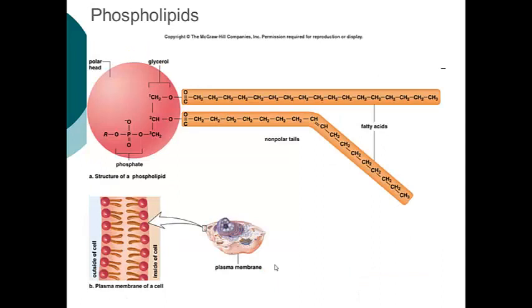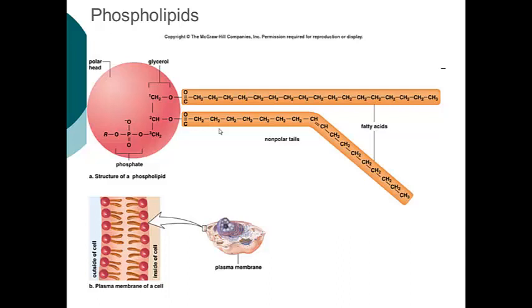Very quickly, phospholipids occur by having a phosphate group associated with a derivative of glycerol, and these long fatty acids associated with that. And in this case, sometimes they have double bonds, sometimes they don't.